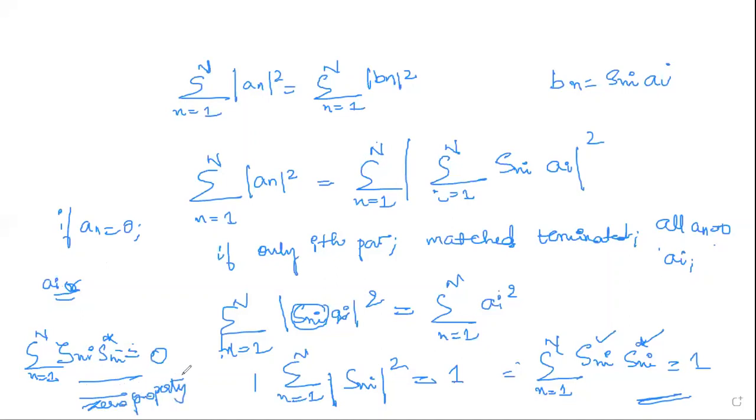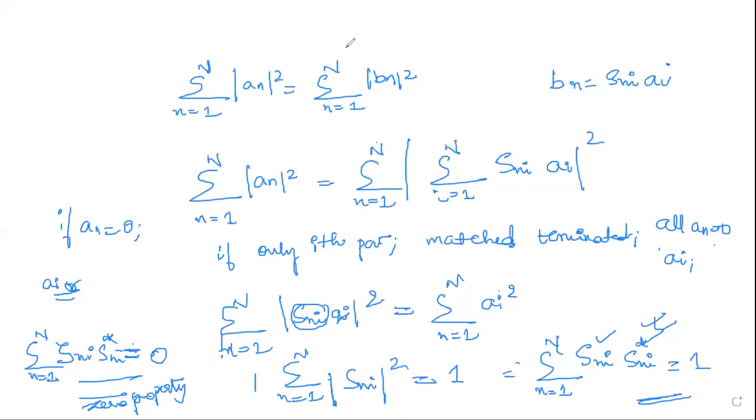If that product of the value and its complex conjugate is equal to 0, it is the zero property. If it is equal to 1, it is the unitary property. You only have this to prove, so no need to worry. Just remember, if it is equal to 0, it is called the zero property, and if it is equal to 1, it is called the unitary property.